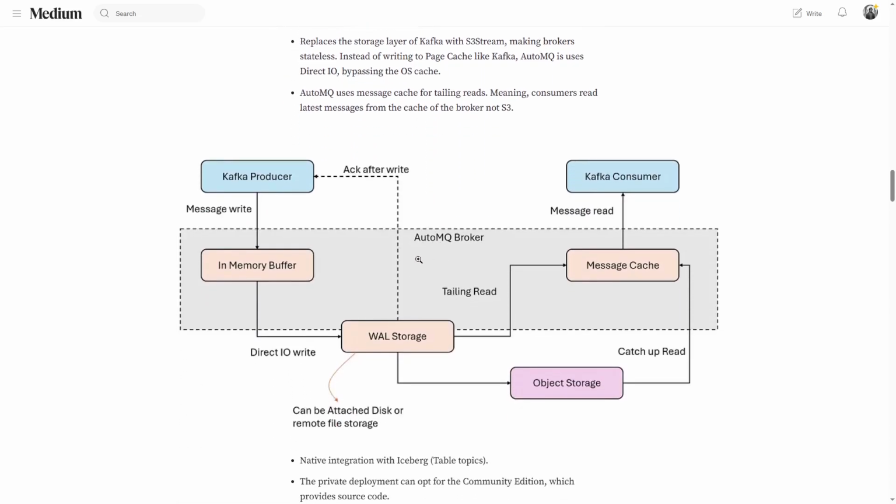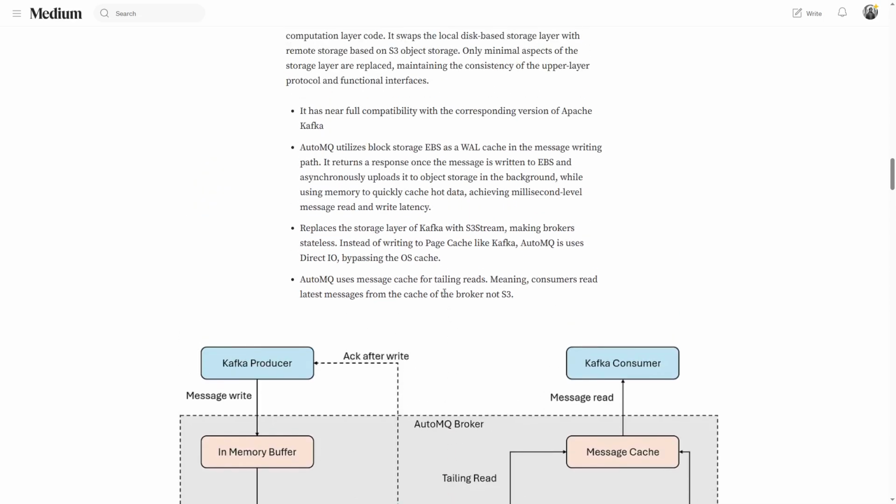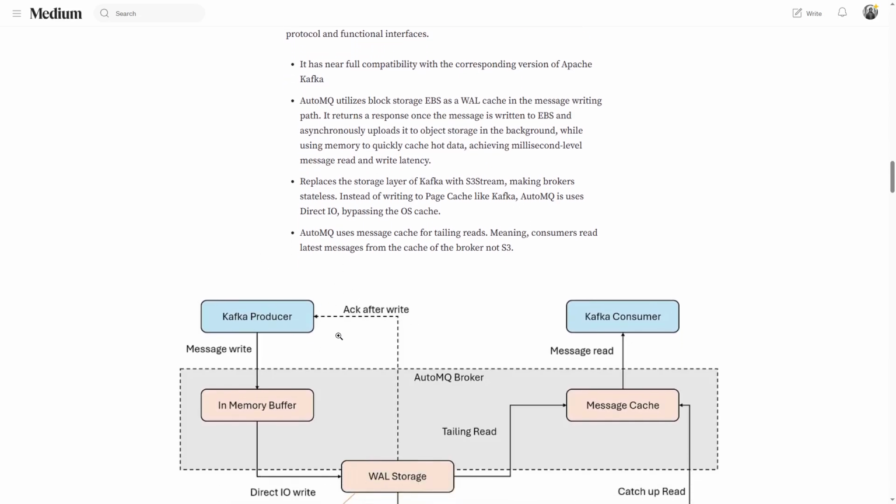Their brokers have two concepts. When we do a write, the initial write goes to a WAL, a write-ahead log, which is in cache and can be backed by an EBS volume attached to that particular broker.